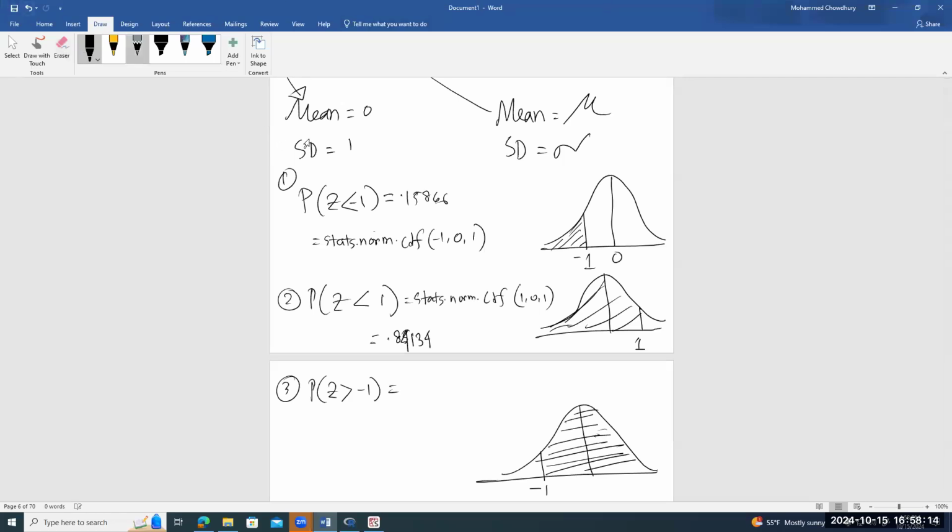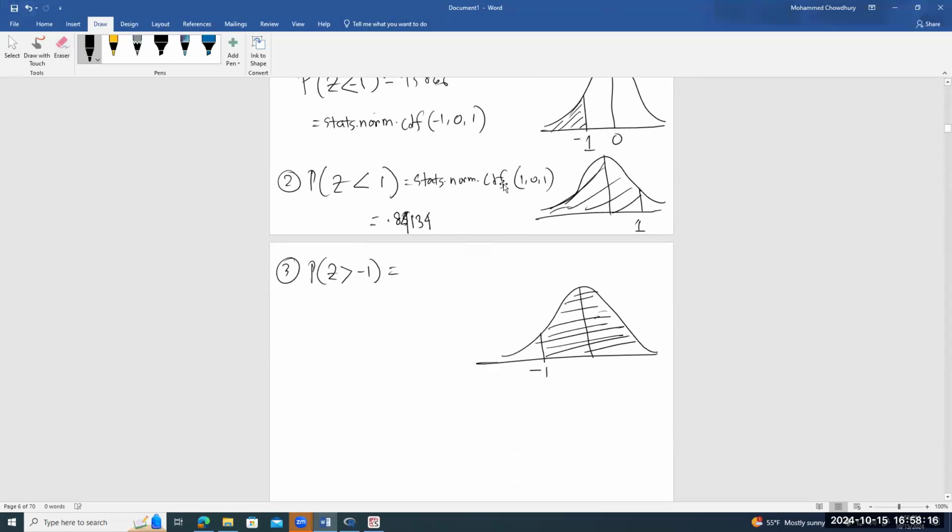Let me clarify this. If I want to write it here, this is 1. This area and that area are the same.